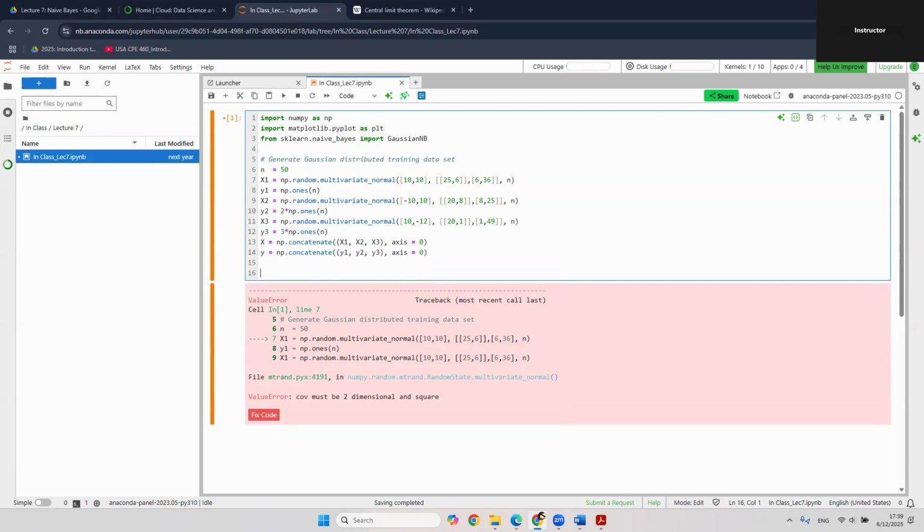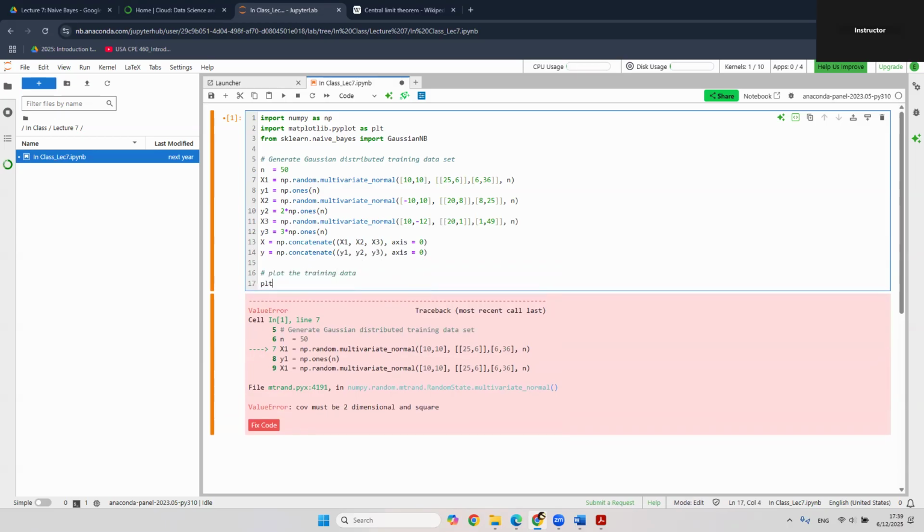Okay, so now what I'm going to do is plot the training data, right? So plt.plot x1 or for y. No, no, I wrote the wrong type, unbelievable.